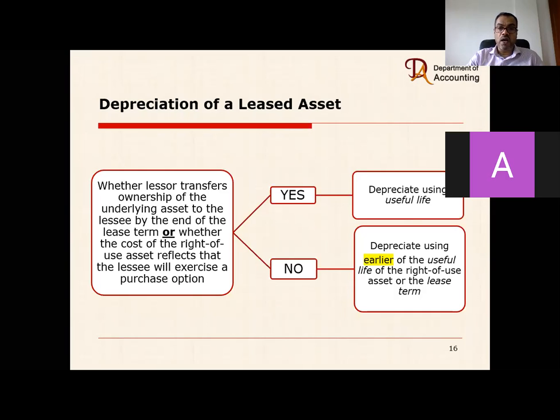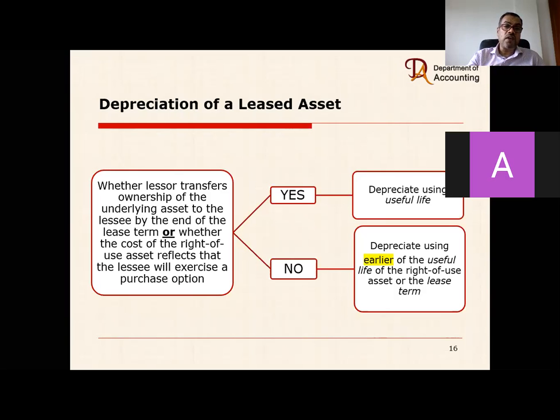In that situation, you have to ask a question: if the ownership of the lease asset is transferred to lessee or not. So our decision depends on that.